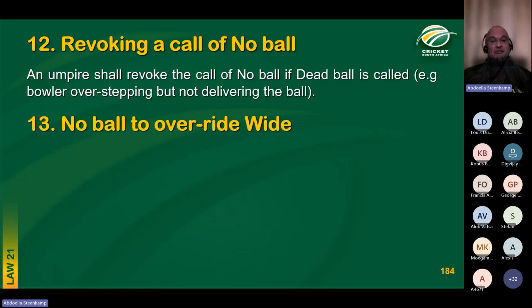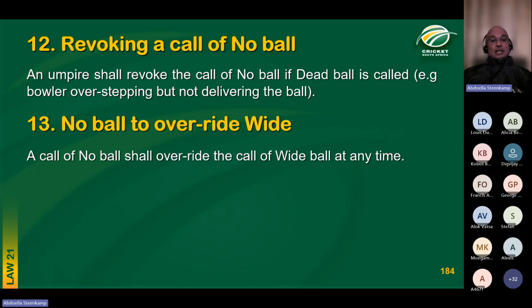What if of the same delivery there is a no ball call and a wide call? Let me use an example. The bowler bowls a front foot no ball and it is a short ball which goes a meter above the head of the striker.